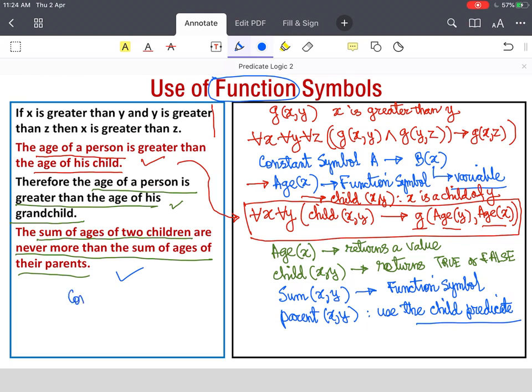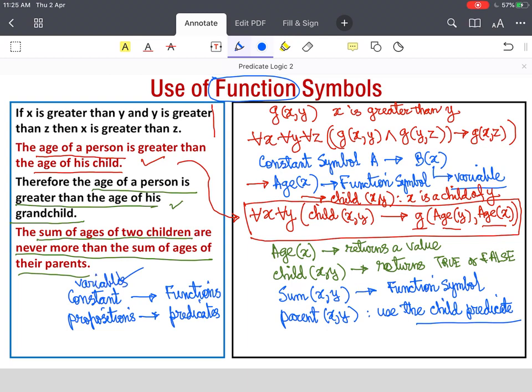But as a summary, we had defined constant symbols. Constants get moved to functions as soon as we introduce arguments, and propositions get extended to predicates.